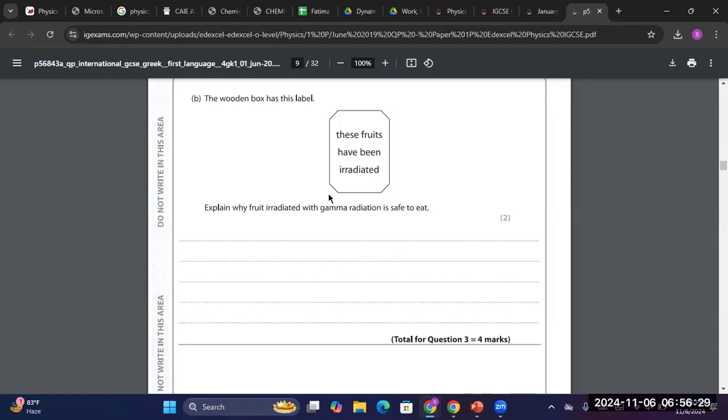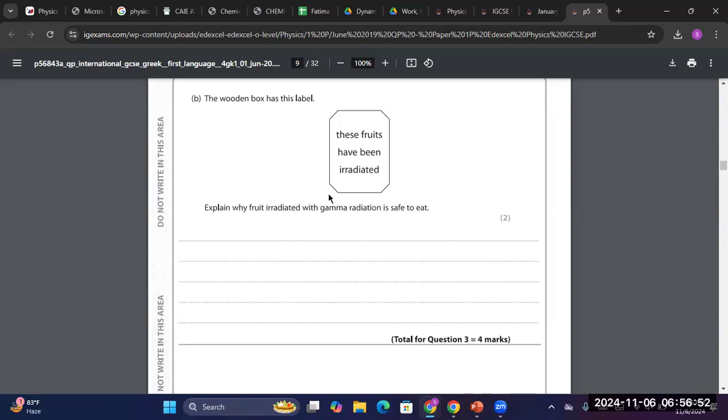The reason is simply that it has low ionizing power. So it's not going to damage the cells of my body that much, but it will simply leave my body quickly. Okay, so that is what you had to know.